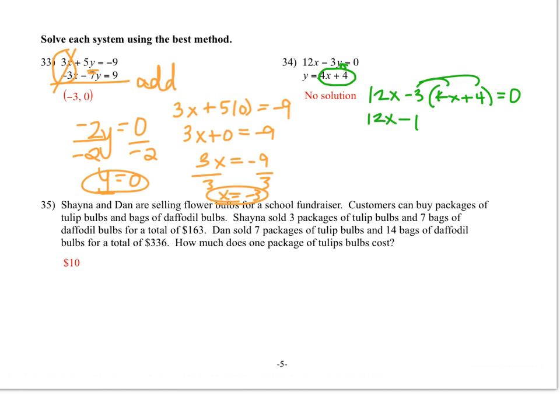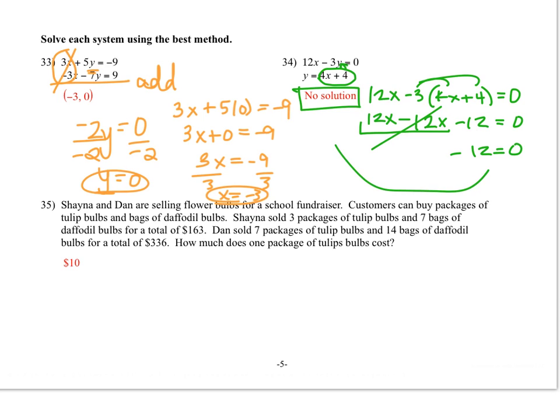I'm sorry, I know my handwriting is terrible right now. 12x minus 12 equals 0. And so I can combine like terms. And you may notice that 12x and the negative 12x are going to cancel. So all I'm left with here is negative 12 equals 0. Well, that's not even true. Negative 12 can't equal 0. So that's why they're getting this answer of no solution.